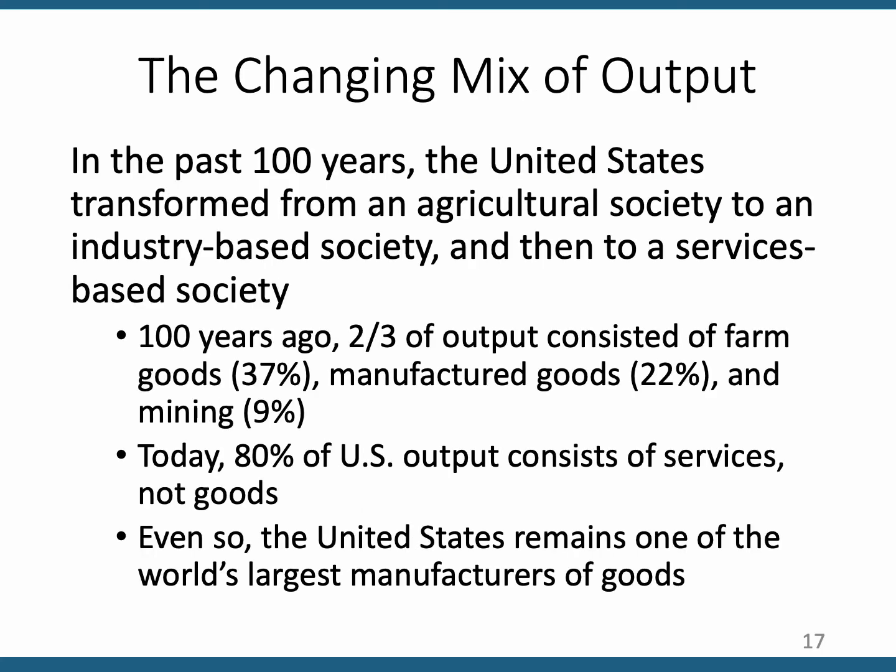Here's an interesting discussion of how the kinds of products we produced have changed over the last 100 years. 100 years ago, so that would be 1920 or so, 2/3 of what we produced in our economy was farm goods or food, manufactured items, and mining. 2/3 of what we produce.